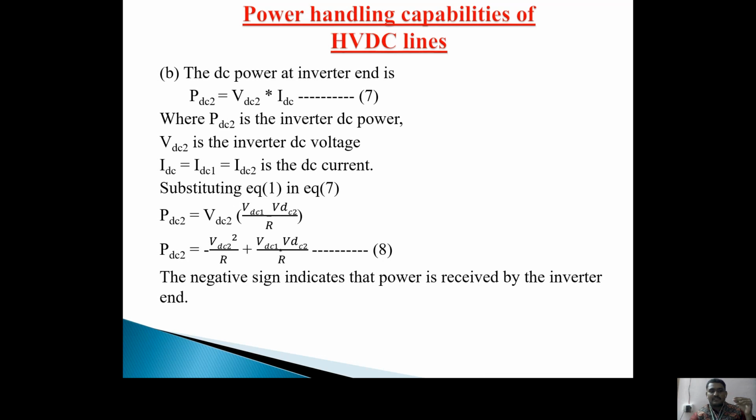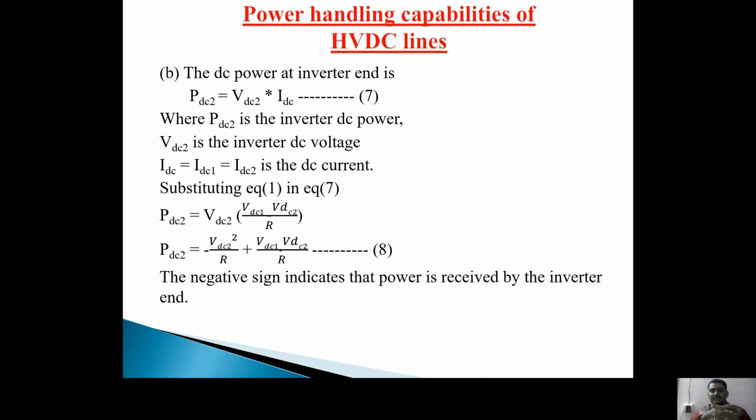Next, we have to obtain the DC power at the inverter end. Previously we obtained the DC power at the rectifier end, and now we have to obtain the DC power at the inverter end, that is PDC2 is equal to VDC2 into IDC. Here PDC2 is the DC power at the inverter end, VDC2 is the inverter DC voltage and IDC is the DC current in the HVDC line.